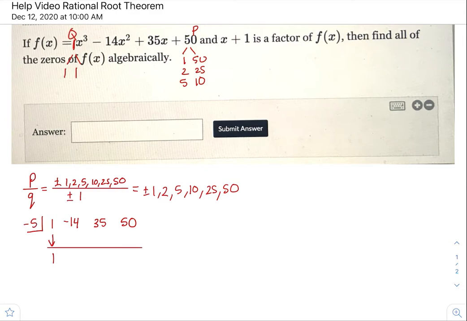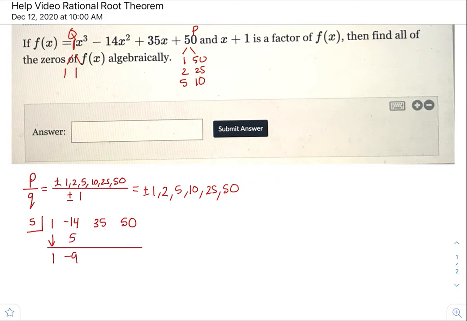So I'm going to try negative 5. 1 times negative 5 is negative 5. Add together, negative 19. Negative 19 times negative 5 is 95. I'm going to stop there because the goal is to get to 50. So now I'm going to try 5 and see how this goes. 1 times 5 is 5.